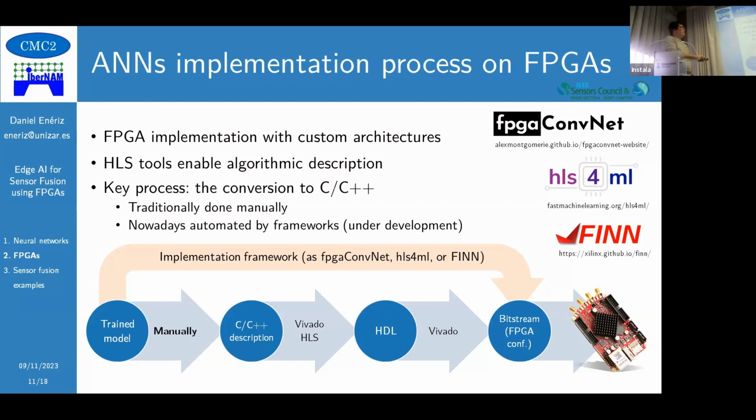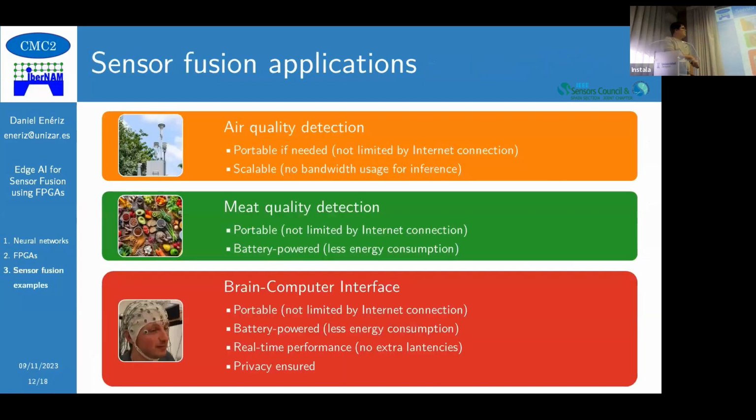Some frameworks are the FPGA CoffNet framework, which is from the Imperial College, the HLS4ML, which is from the Fast Machine Learning Organization, and there is also a framework from Xilinx, which is the manufacturer of the FPGAs we are using, which is called FINN, but they are still under development, meaning that they only support the most basic layers.